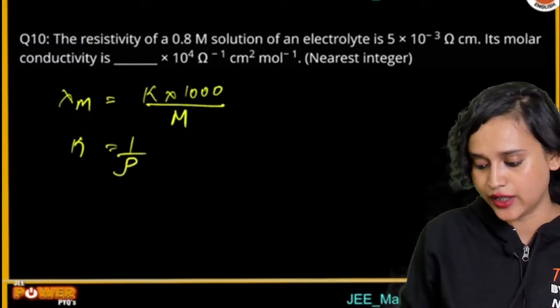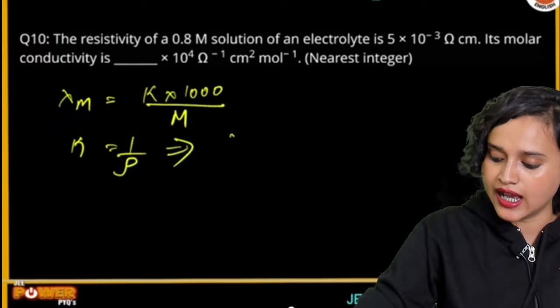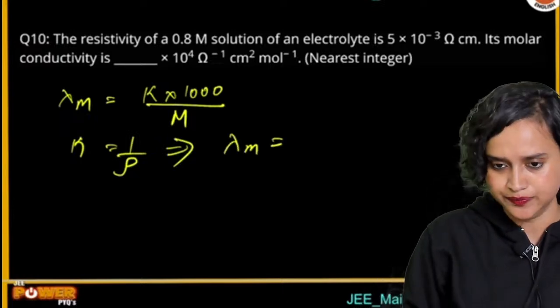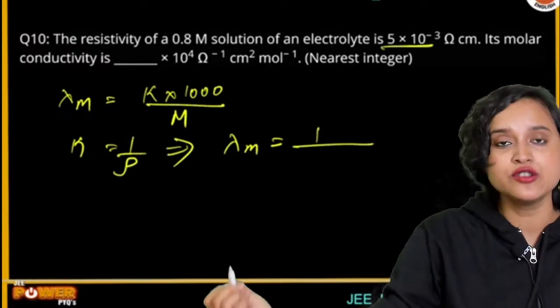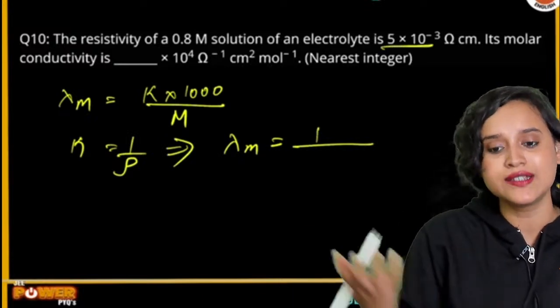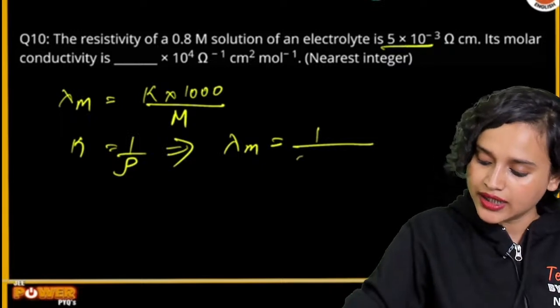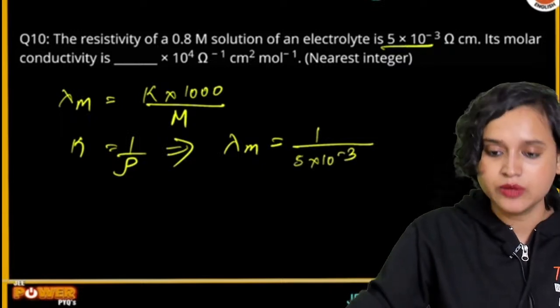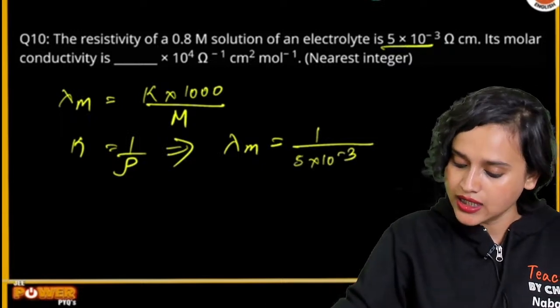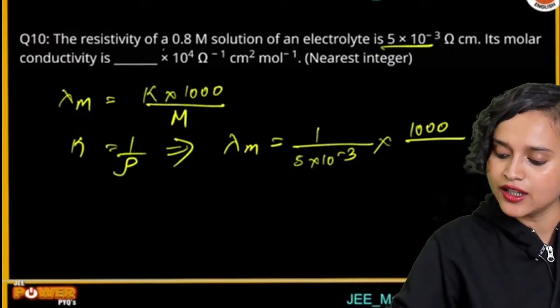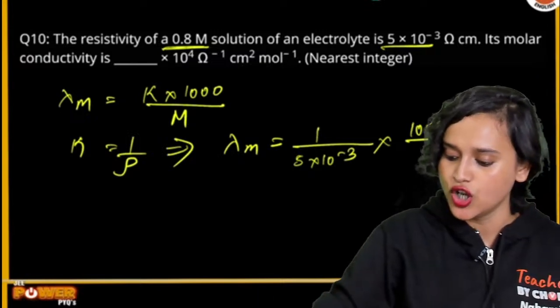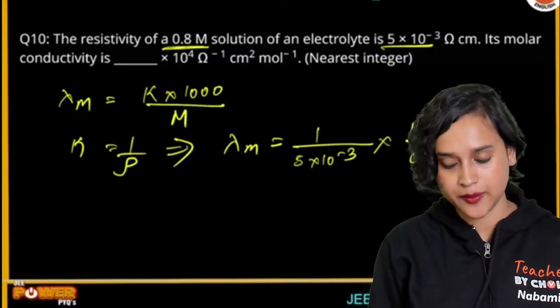So lambda m is equal to 1 divided by the resistivity, 5 into 10 to the power minus 3, multiplied with 1000, divided by 0.8 molar, which is given to you.